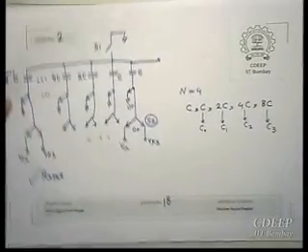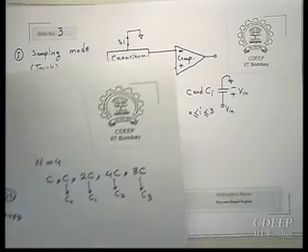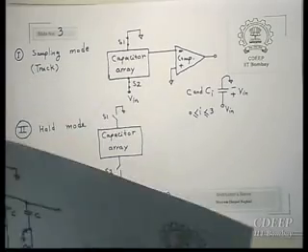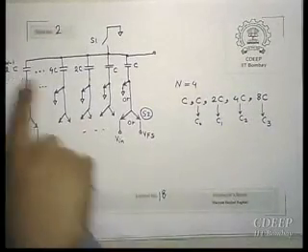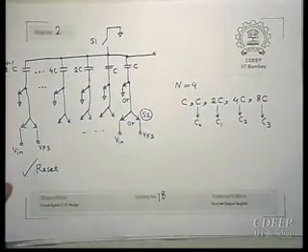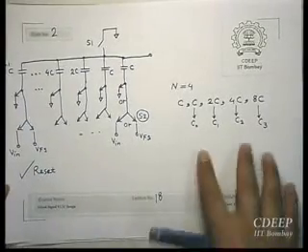These are Ci values. Eventually it's 2 to the power n minus 1, right? Here we have 4 minus 1, 3, so this will be 8C. So we have 4 capacitors.